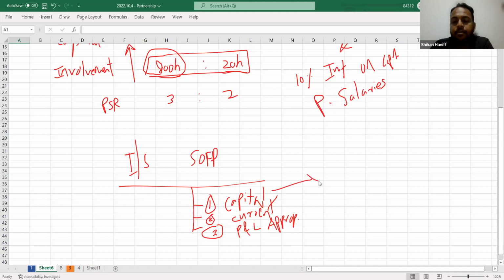In capital account, there are transactions like the capital, investment of additional capital, withdrawal of capital, and there are two more special adjustments. Number one, the goodwill adjustment. Other one is revaluation adjustment.